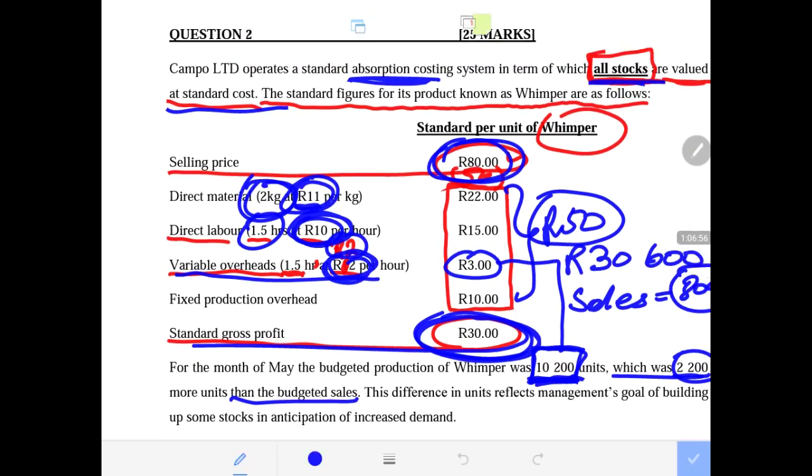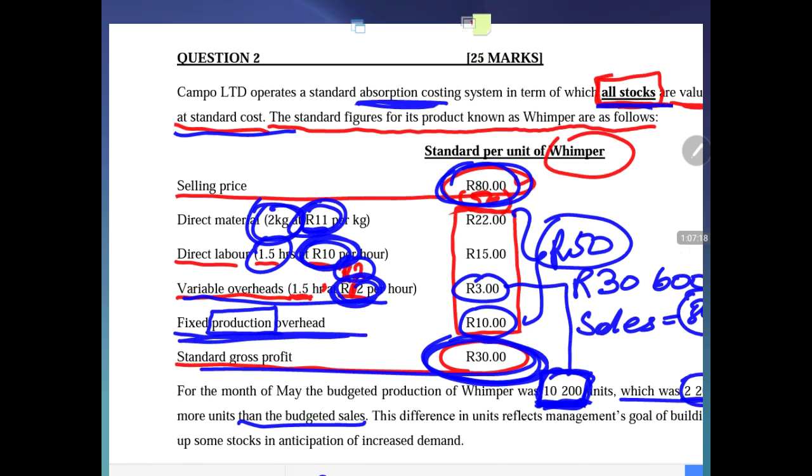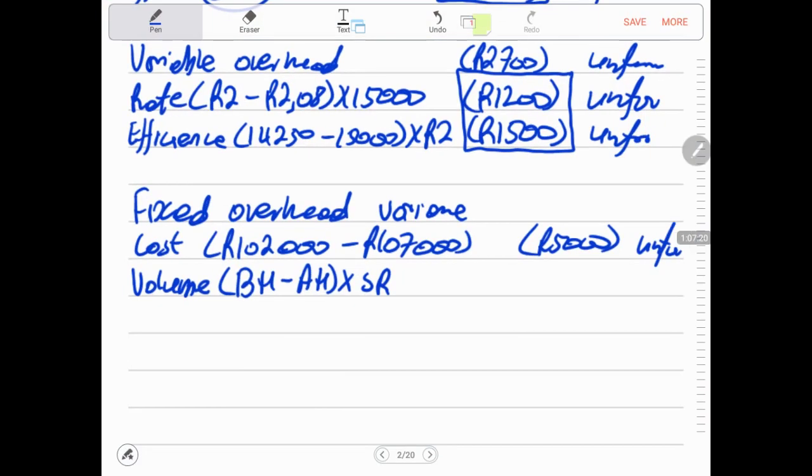Hence they said fixed production overhead. So meaning I need my budgeted production and my actual production. Then I multiply by the cost of 10 rand per unit. If this fixed overhead was based on labor hours, then I would be using the hours, but because of that, I will be using my budgeted units, not hours.